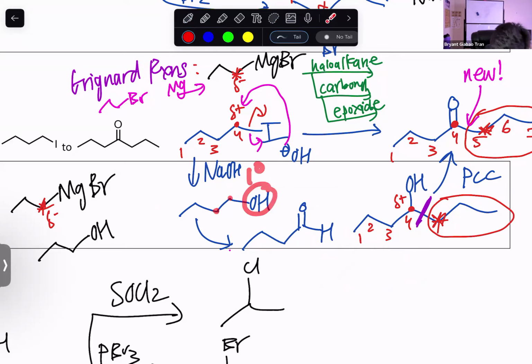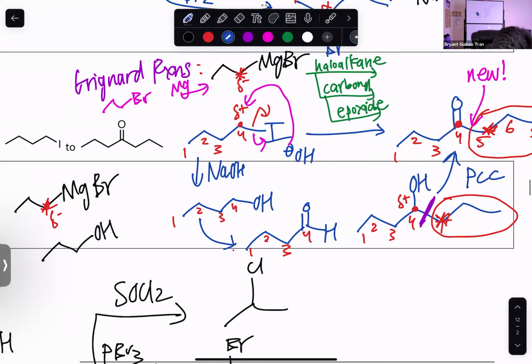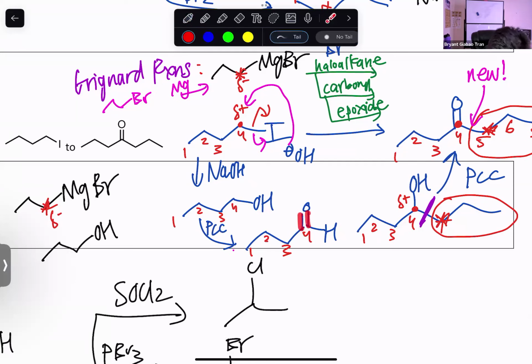Right. And let's say that this is 1, 2, 3, 4. At carbon 4, we converted this primary alcohol into an aldehyde. PCC, right? We do not want to use Jones. If we use Jones, then we would get carboxylic acid, which is not what we want.